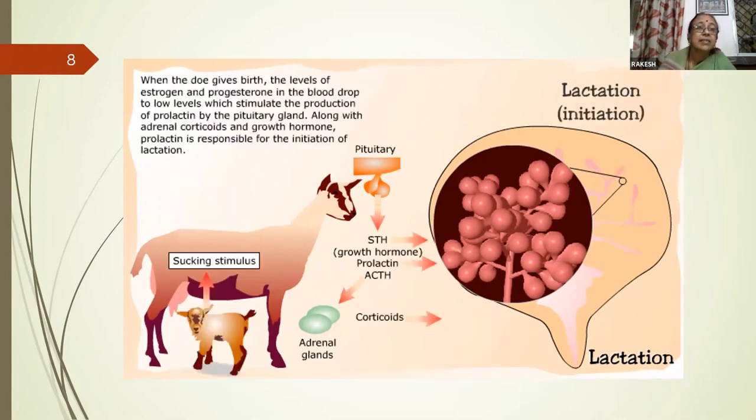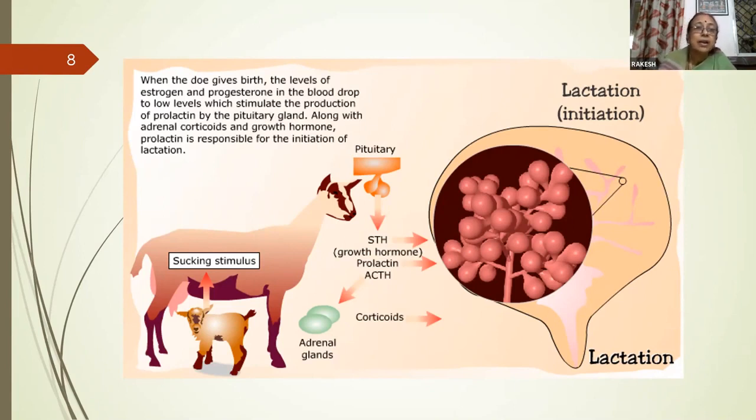Then, when the doe gives birth to the kid, the high level of estrogen and progesterone in the blood drops, and the low level stimulates the production of prolactin by the pituitary gland, along with the adrenal corticoids and the growth hormone.